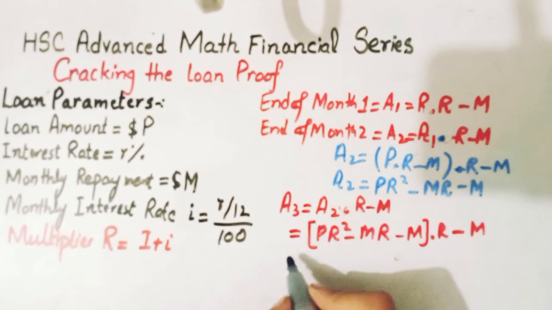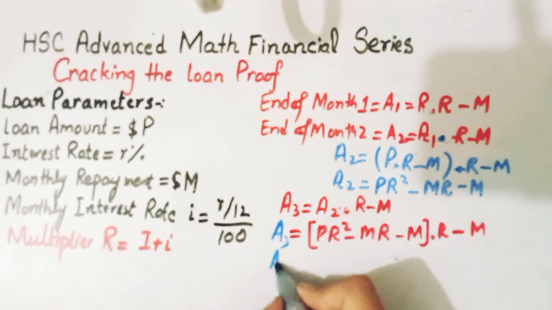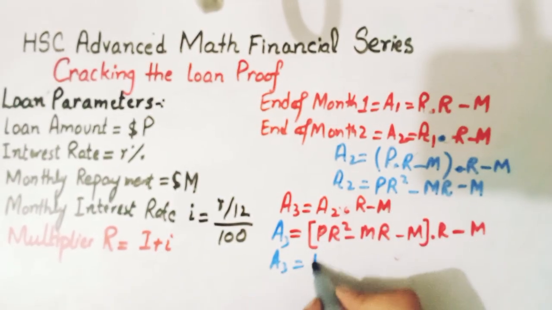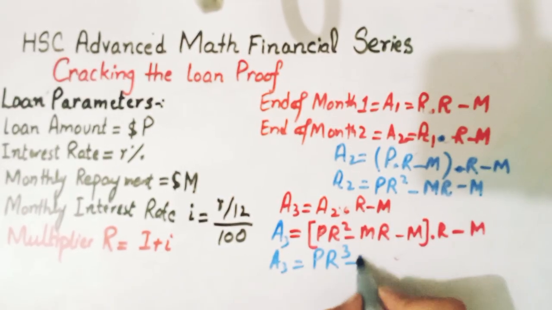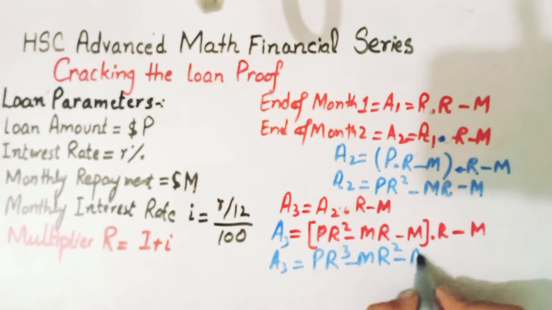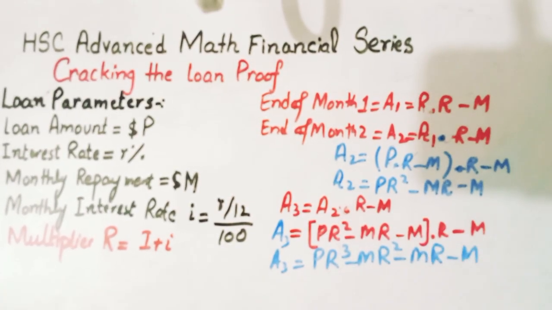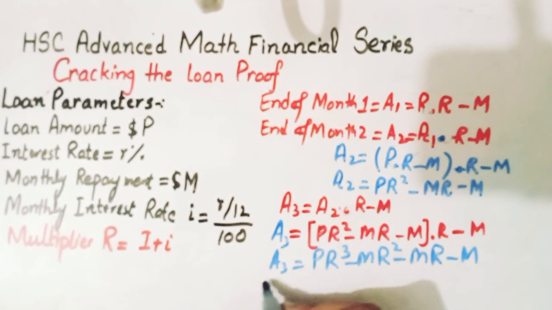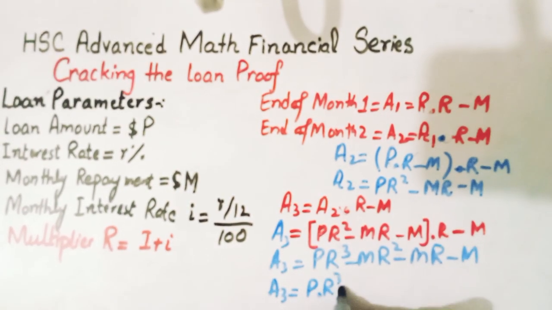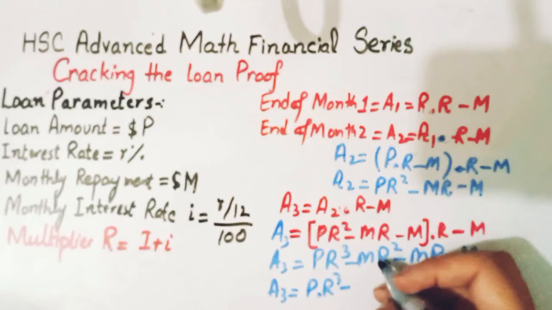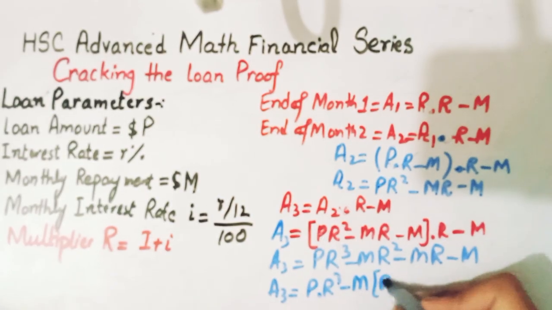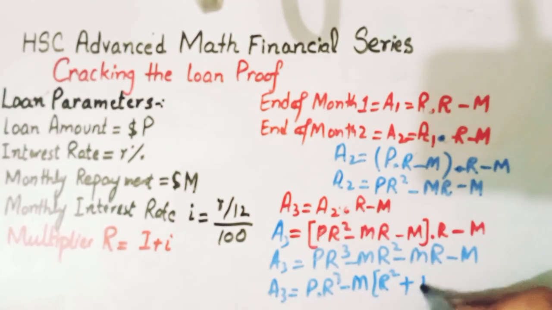We have A3 equals P R cubed minus M R squared minus M R and minus M. That means we have A3 equals P into R cubed, minus M can be taken as common, so R squared plus R plus 1.